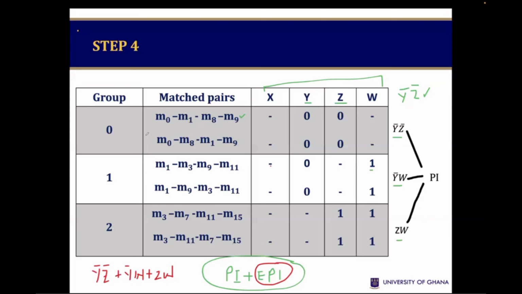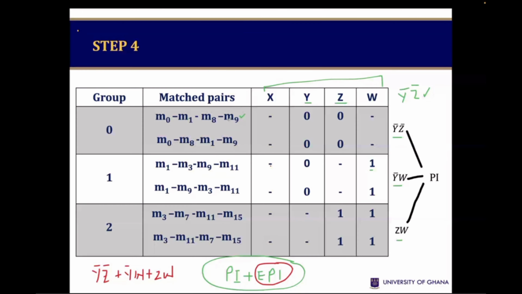The obtained min terms are: min terms 0, 1, 8, and 9. Then for this group, we have 1, 3, 9, 11. Then 3, 7, 11, 15. These are the min terms that we have obtained at the end of the whole process.